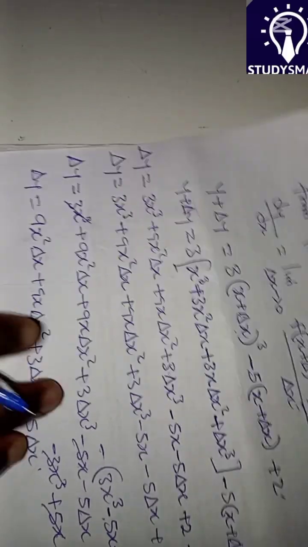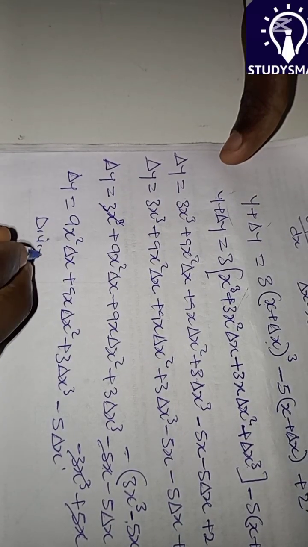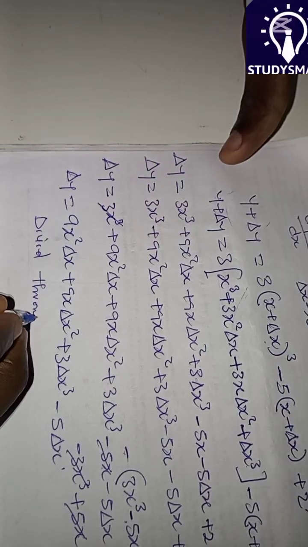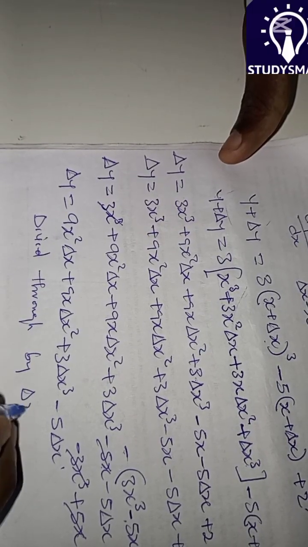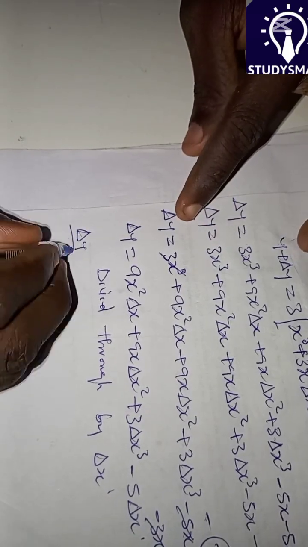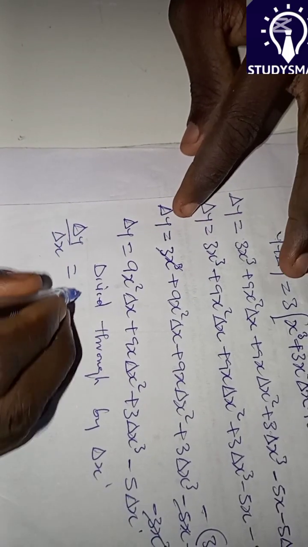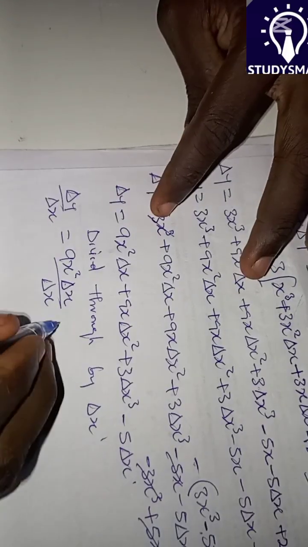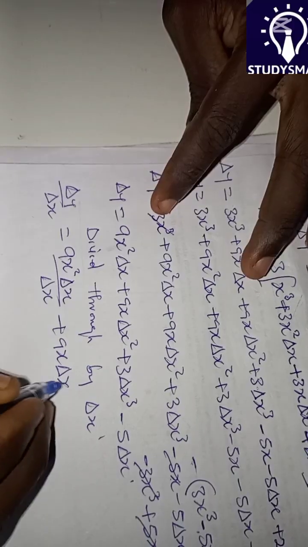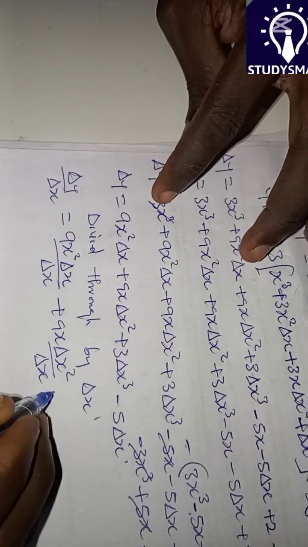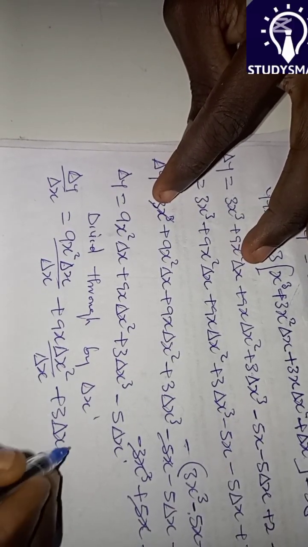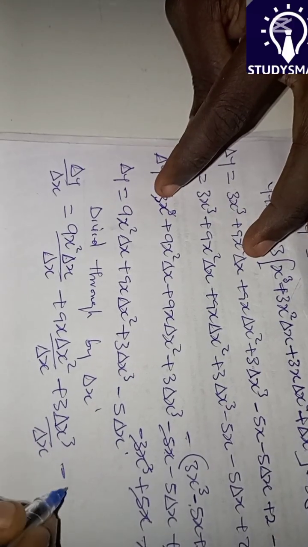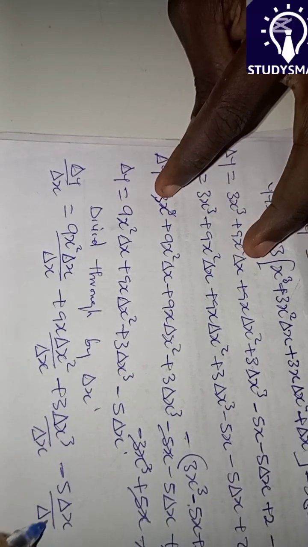So in this case, I will have to divide both sides by delta x. If I divide through by delta x, I'll have delta y over delta x equal to 9x squared delta x over delta x plus 9x delta x squared over delta x plus 3 delta x cubed over delta x minus 5 delta x over delta x.